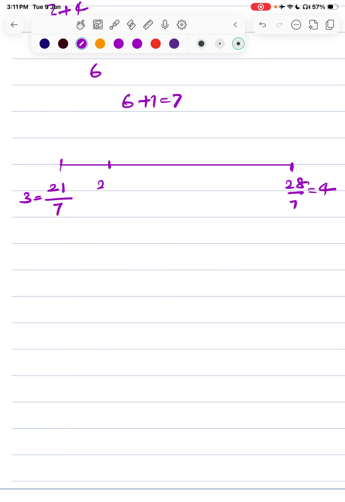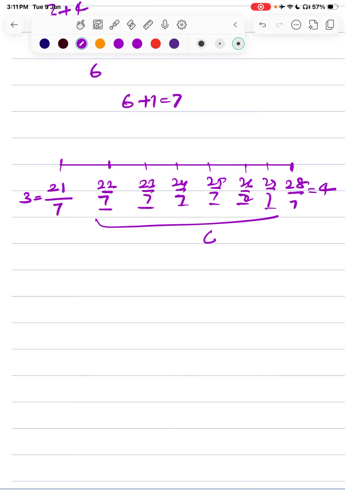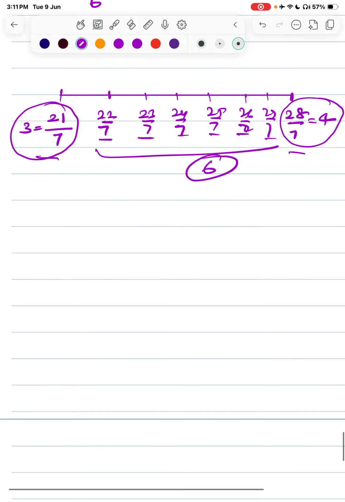So the next numbers will be 22 by 7, 23 by 7, 24 by 7, 25 by 7, 26 by 7, and 27 by 7. Again, 1, 2, 3, 4, 5, 6. So again, you have inserted six numbers between these two numbers. It's just that you have to rewrite this properly, right?